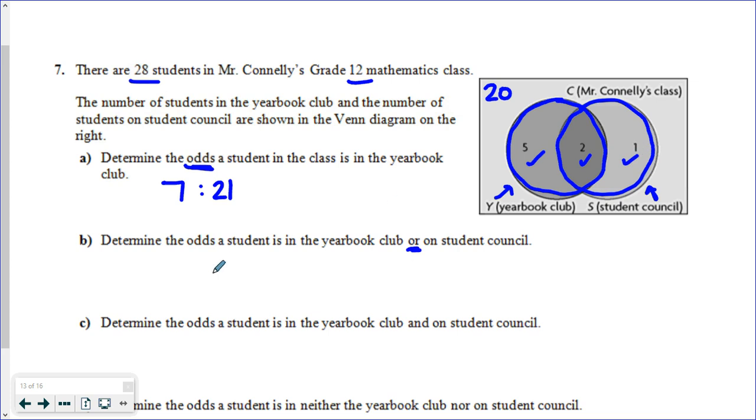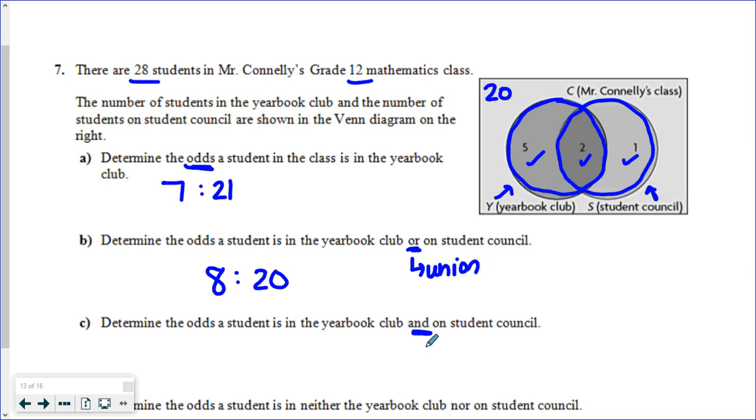So in total, that is 8 students in the yearbook club or on student council. Again, that would be the union, if we think back to set theory. And there are 20 students that are not a part of that. So the or, again, is the union.